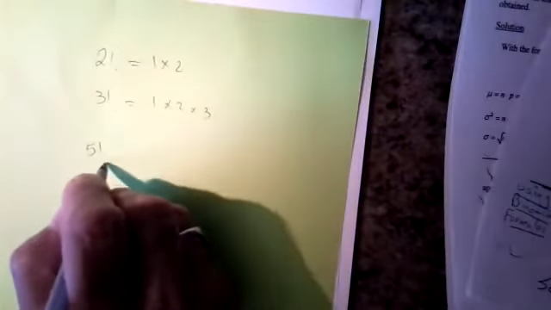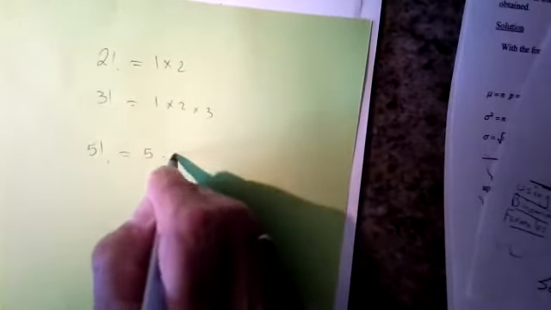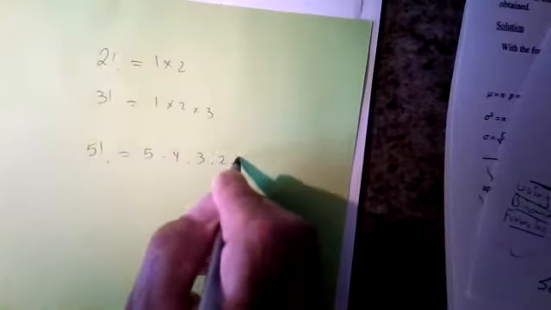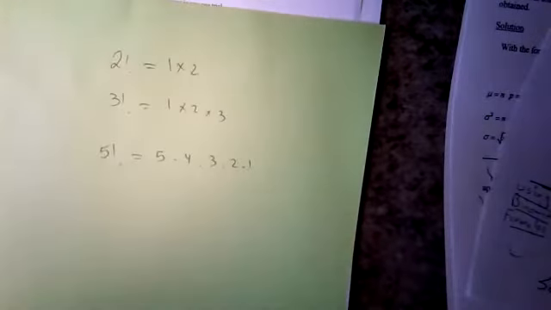What does factorial mean? If you're asked to calculate 2 factorial, it means 1 times 2. What is 3 factorial? 1 times 2 times 3. What is 5 factorial? You start from 5 times 4 times 3 times 2 times 1, and you also have that on your calculator.